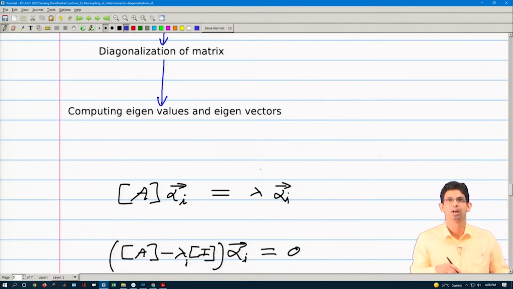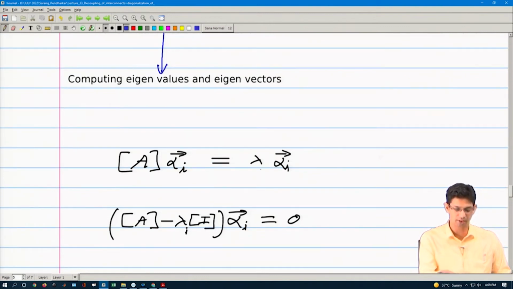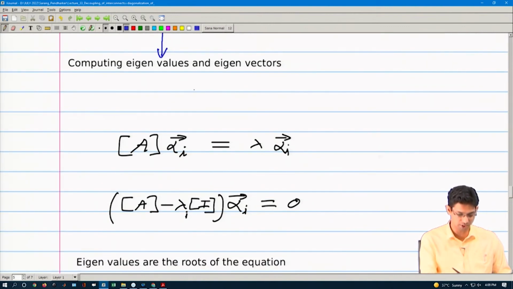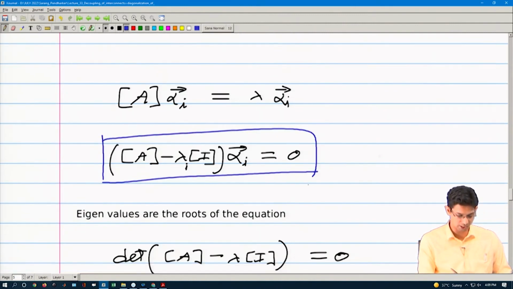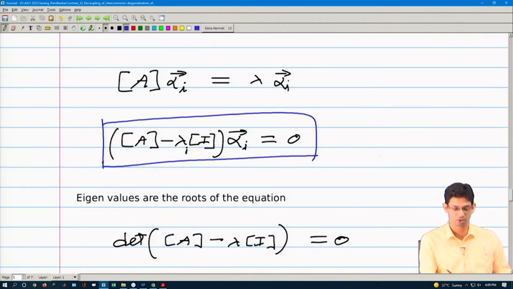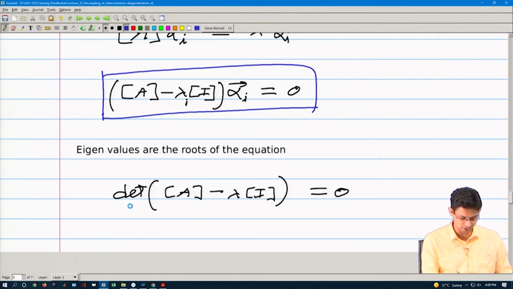So, just for completeness, let me also give you how do we find the eigenvalues. So, basically this equation has to be true. This would be true if this equation holds, right. So, basically eigenvalues, and I mean non-trivial solution would be when the determinant of this goes to 0, right. So, eigenvalues are the roots of this equation, this is the determinant.